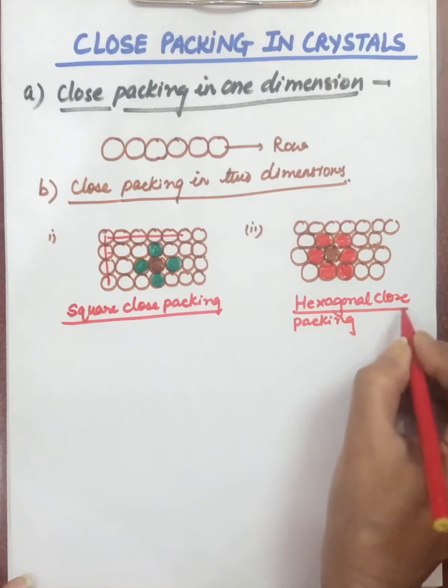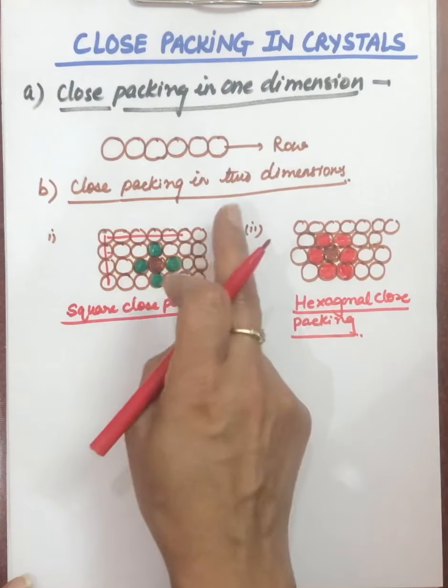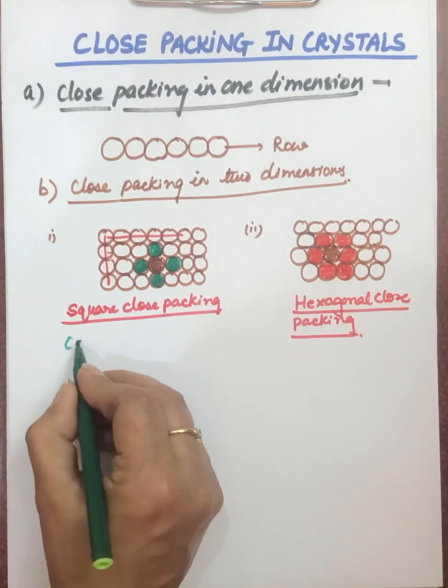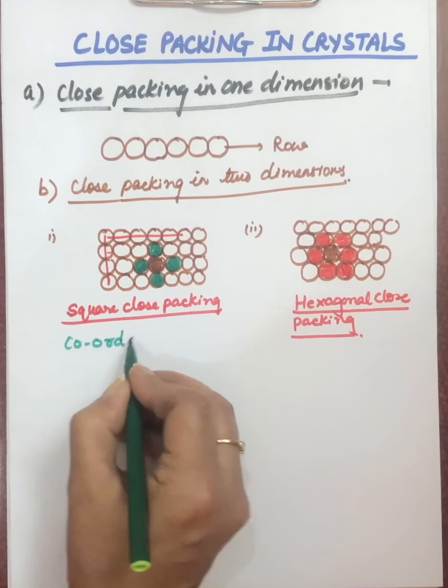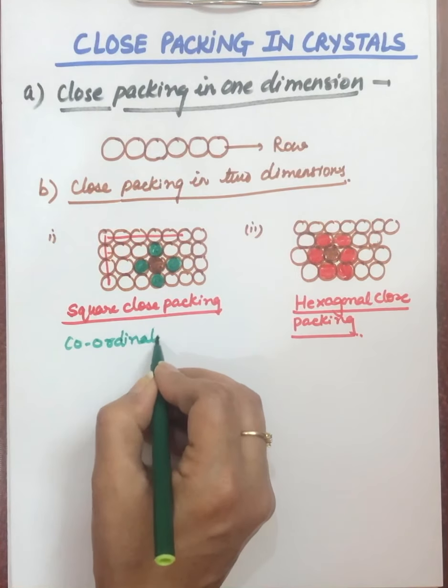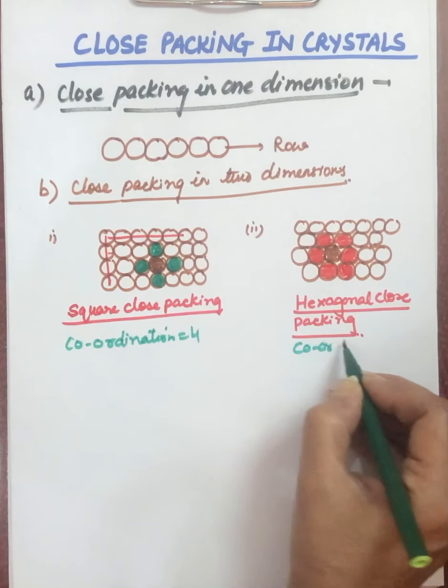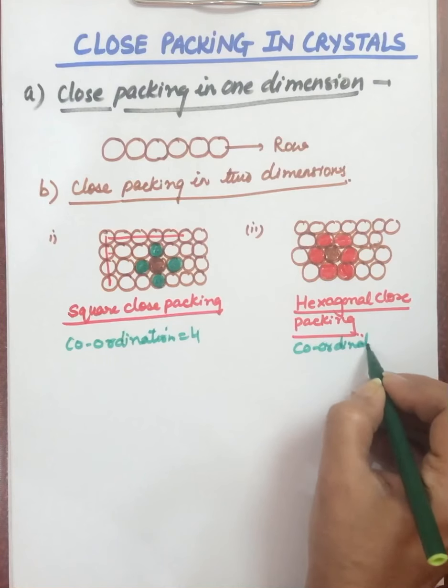So when we are doing the close packing in two dimensions, two types of arrangements are possible: square close packing and hexagonal close packing. In square close packing arrangement, the coordination number is 4 and here the coordination number is 6.